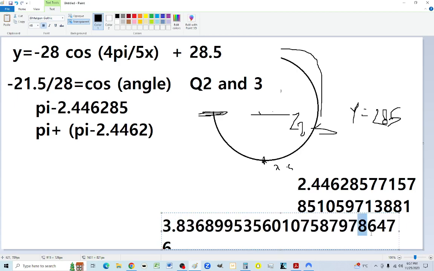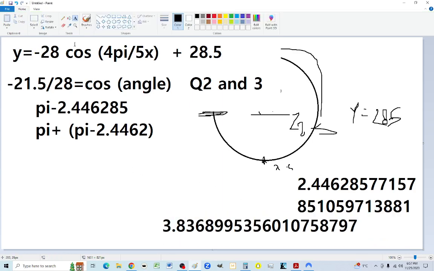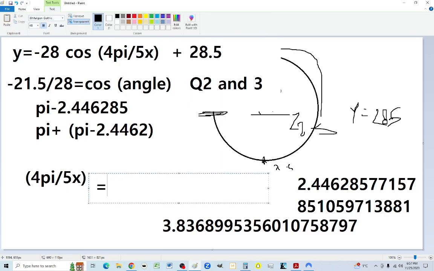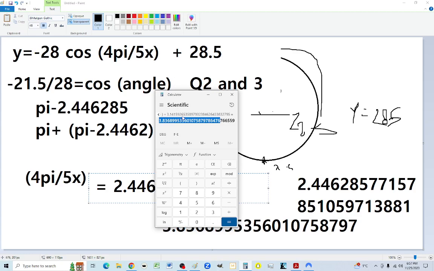Now we take our first angle, 2.446286, let's say. We have to multiply it by 5 and divide it by 4 pi to get our value.